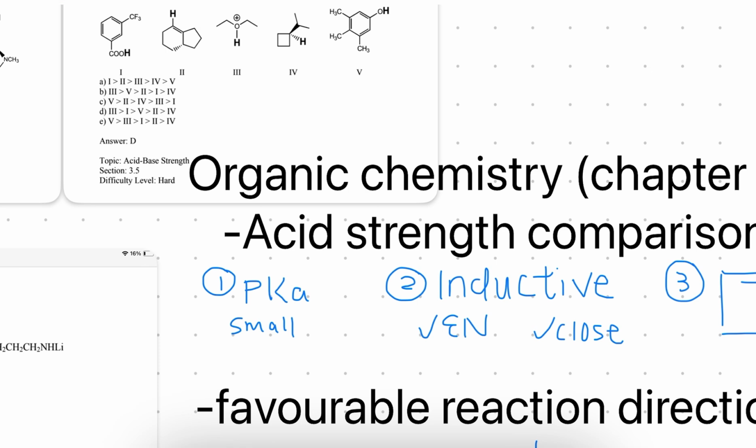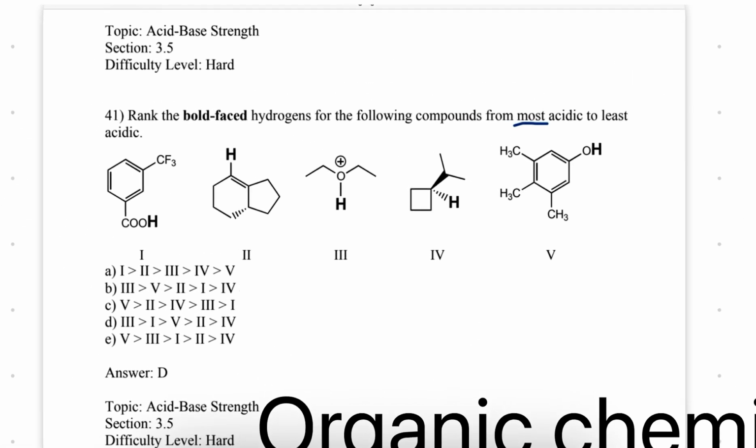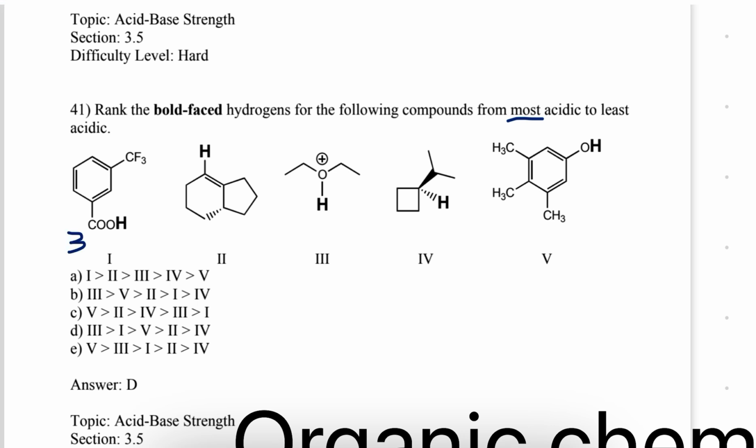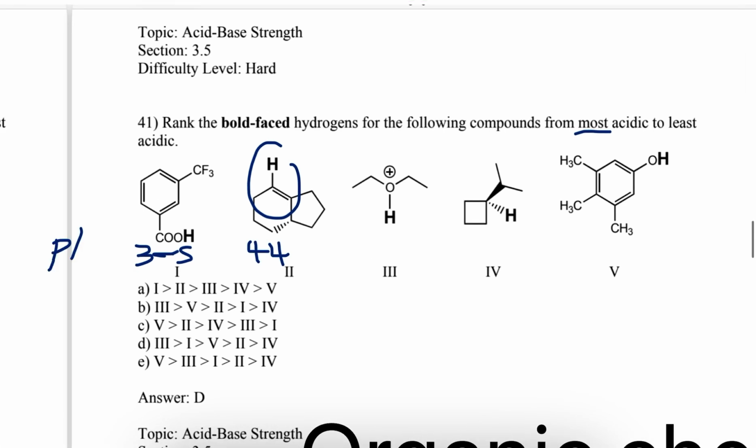The best thing to do is to memorize your pKa's. So here, carboxylic acid, pKa 3 to 5. Here, alkene, so 44. The third one looks like an alcohol, but because it is protonated, it has a pKa of -2.